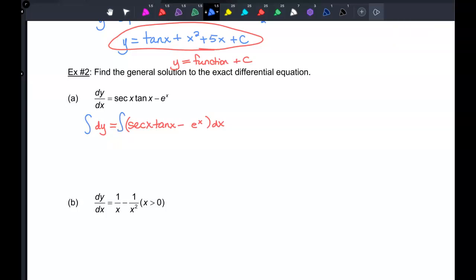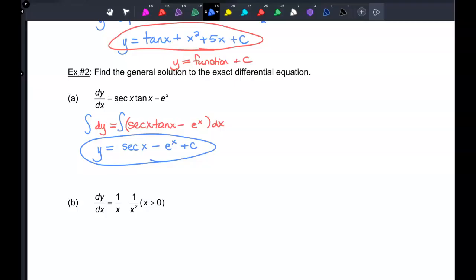Okay, so first thing we want to move that dx over and integrate. Again, what's going to happen on the left side? Just y. The antiderivative for secant tangent is secant, minus e to the x, plus c.